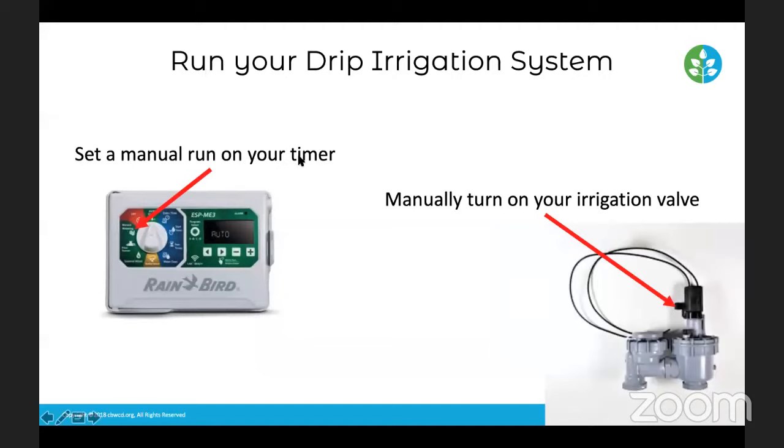So to run our drip system, we can set a manual run on our controller, or we can turn on at the valve, either by the internal bleed of turning the solenoid, or the external by opening the bleed valve there. And we want to walk our system. When it comes to drip maintenance, a lot of times we just have to turn the zone on and walk the zone.